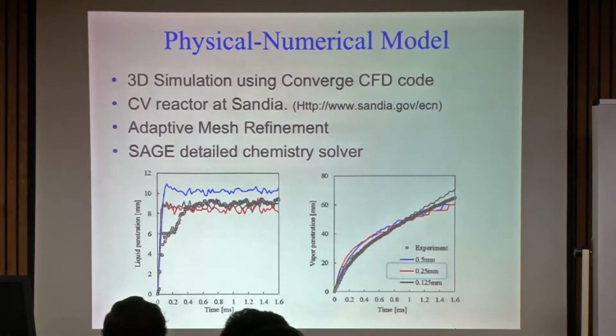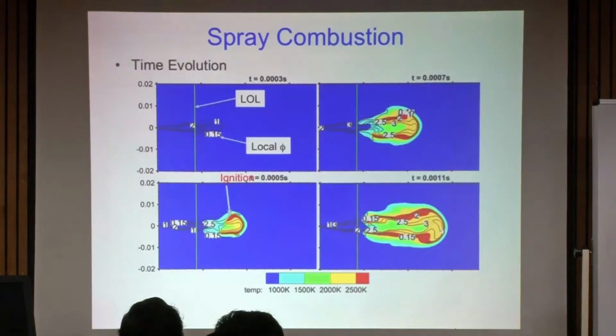The only thing is the initial part is not well reproduced by the CFD work, but it gives a good liquid length. The main idea was to show the grid independence. Most of the results we got were for 0.125 millimeter.